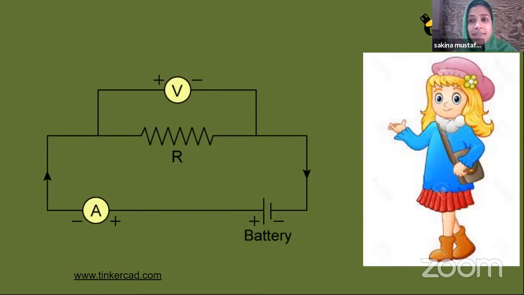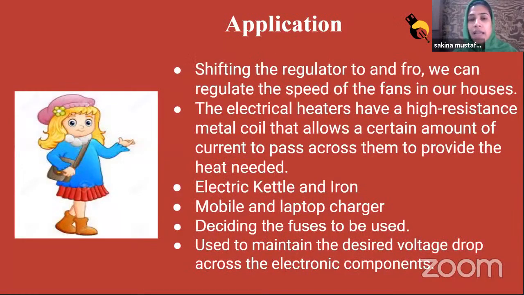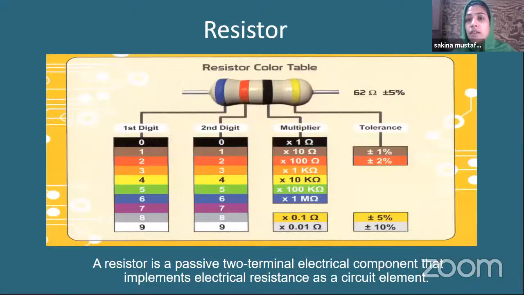So for that, how to provide the resistance? For that, we have the electrical component known as the resistor. The resistor is a passive two-terminal electrical component that implements electrical resistance as a circuit element.